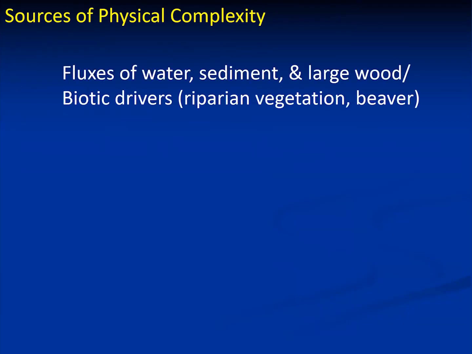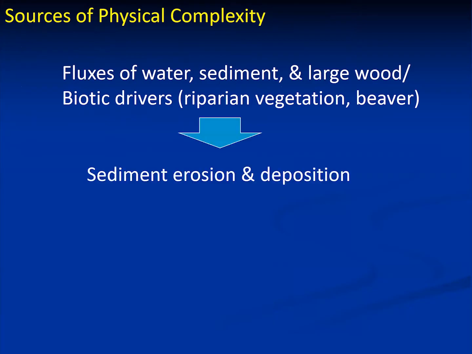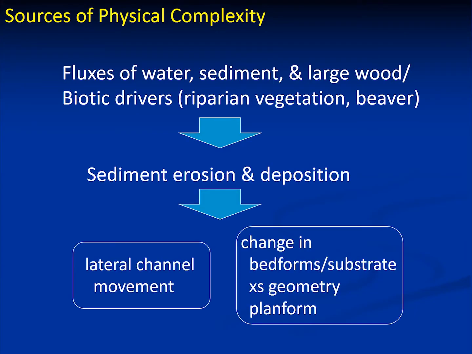So what causes this? Well, fundamentally, it's water, sediment, and in forested regions, large wood moving through the river corridor, and what I call biotic drivers. So riparian vegetation and in the northern hemisphere beaver are examples of that. Those processes influence sediment erosion and deposition and create non-uniformities in erosion and deposition along or throughout a river corridor.